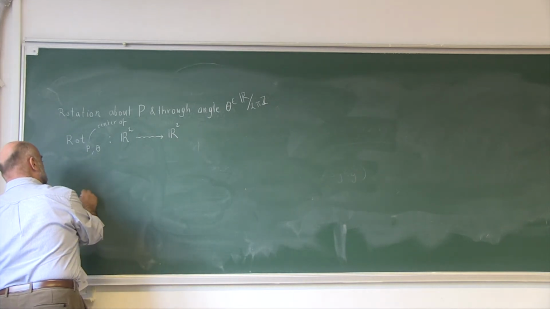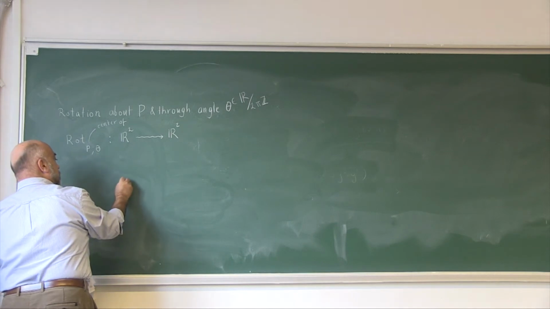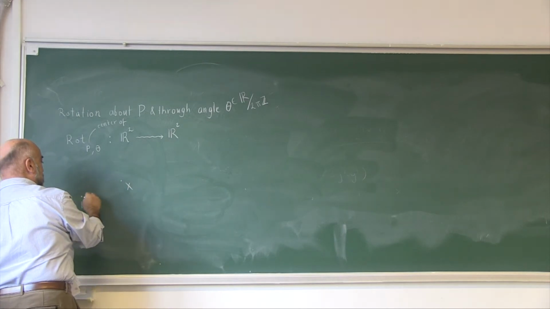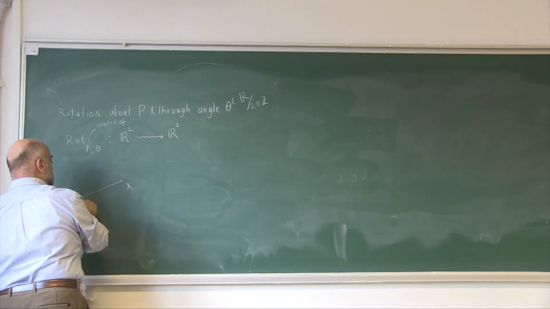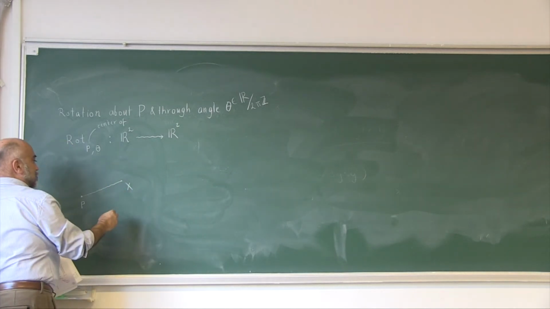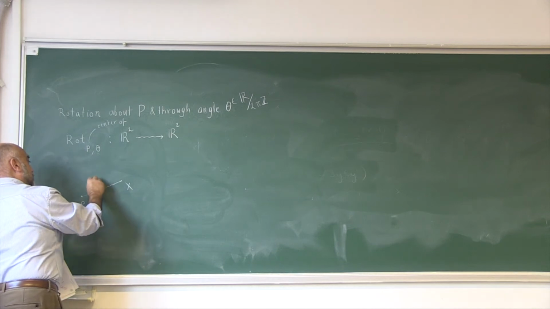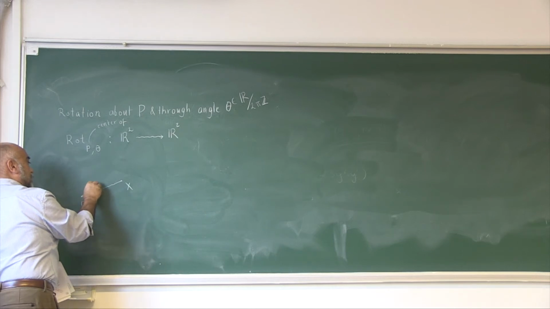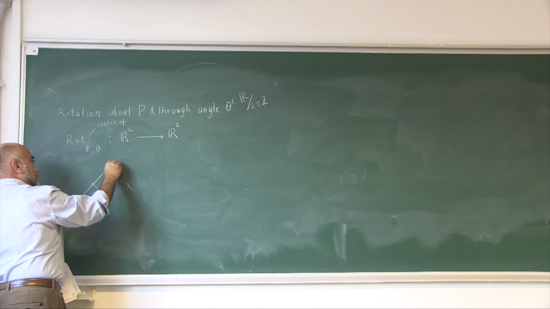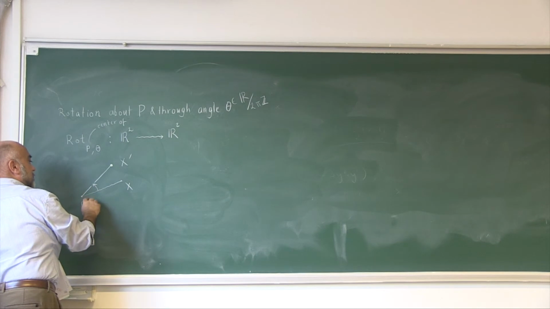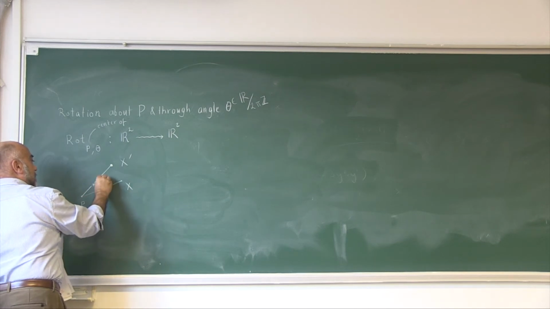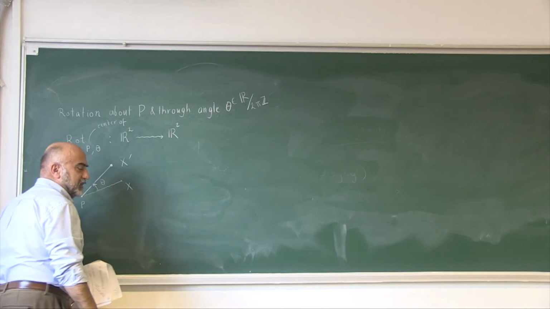So let me first give it a picture. So that's the point P. The rotation leaves the point P fixed, and every point X, which does not coincide with P, undergoes a transformation in such a way that X moves into the point X prime, so that PX is equal to PX prime, and the angle between them is theta.